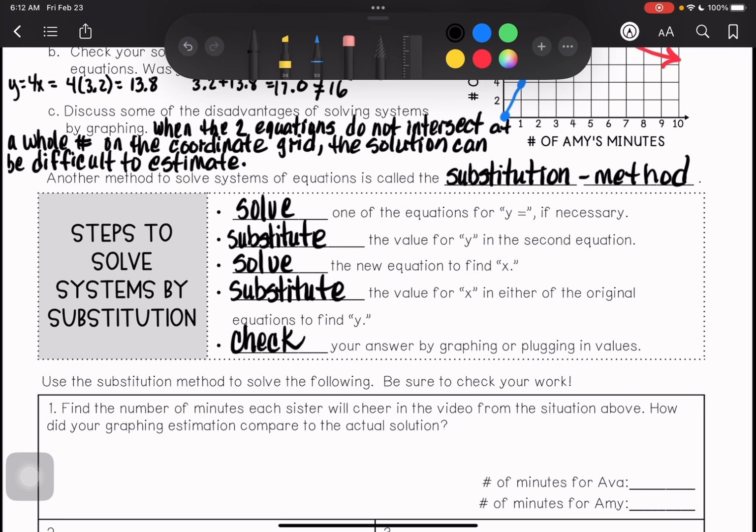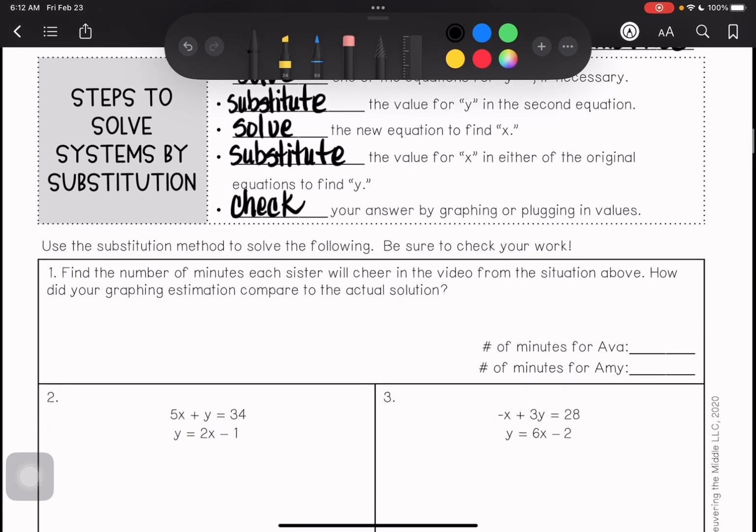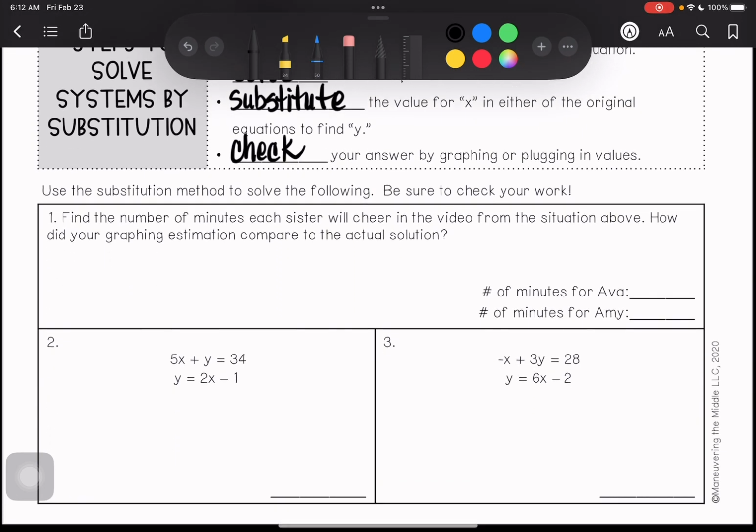Okay? So we're going to use the substitution method to find the following. Be sure to check your work. For the first one, it says find the number of minutes each sister would cheer in the video from the situation above. How does the graph in your estimation compare to the actual solution?